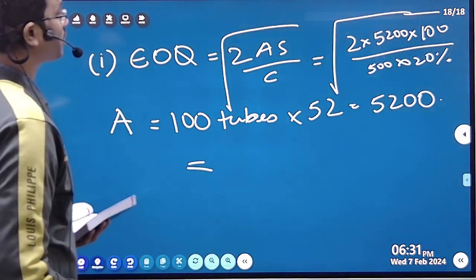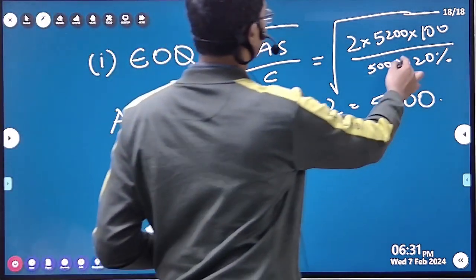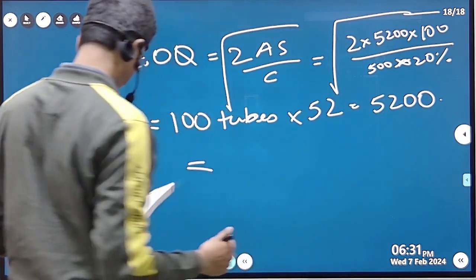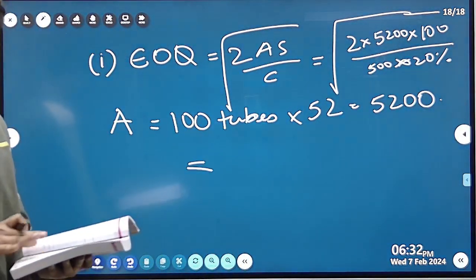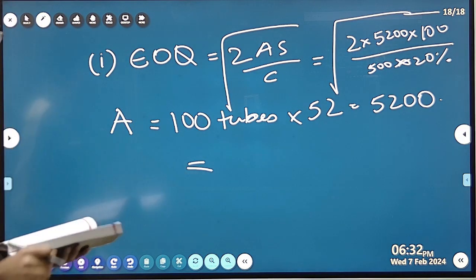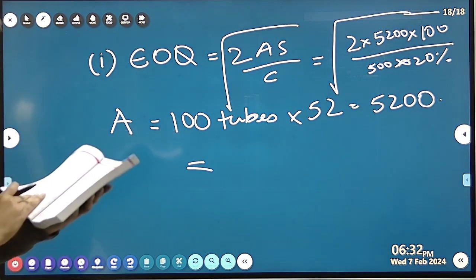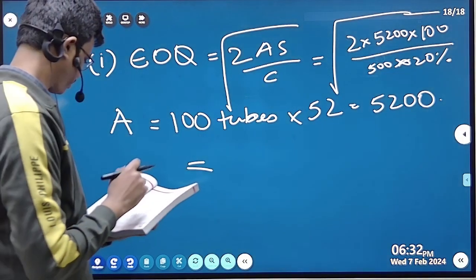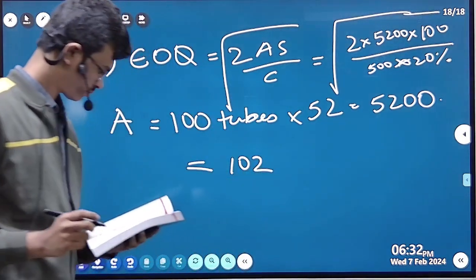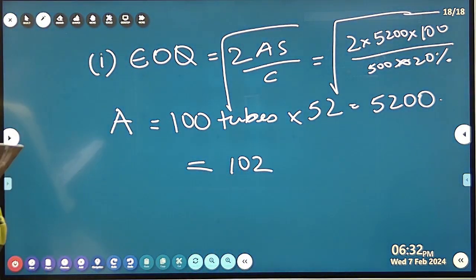How much does this come out to be? So this is 100, right? 100 gets cancelled. So 5200 into 2 under root. So 102 approximately. Here he has given 2 into 200 units into 100, but that is 5200 units. Okay, it's a typo in the book.